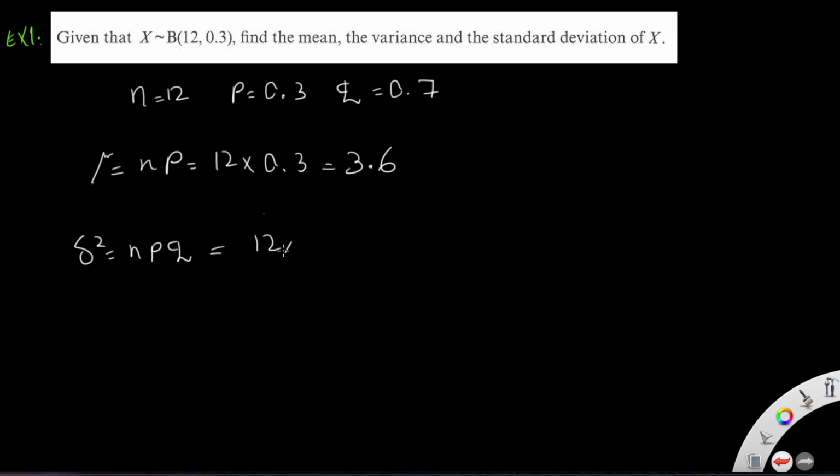So 12 times 0.3 times 0.7, which will be 2.52.